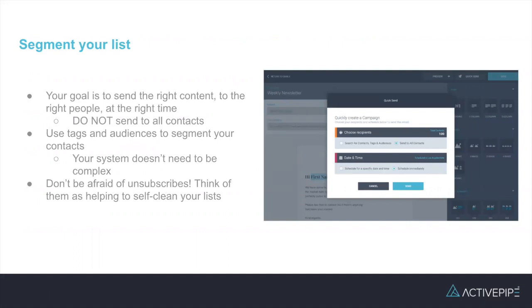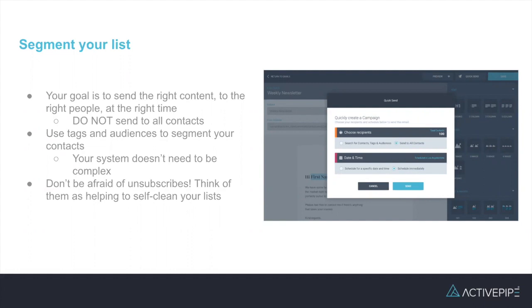The first thing that is very important, and that we alluded to earlier, is to segment your lists. If you've come to these webinars before, you've heard it from us a million times: the key to good email marketing is sending the right message to the right person at the right time. And all of that hinges on having your contacts segmented into relevant groups.